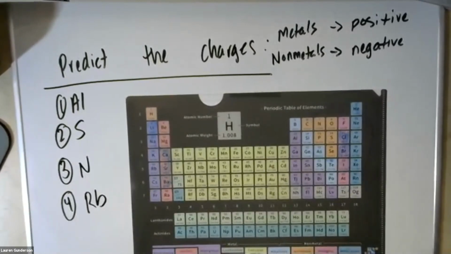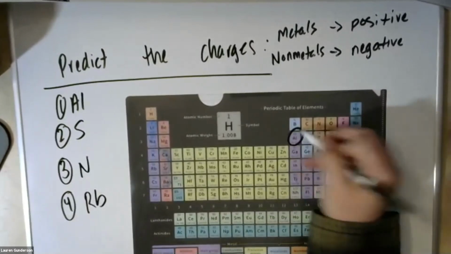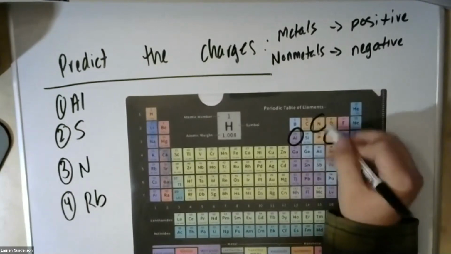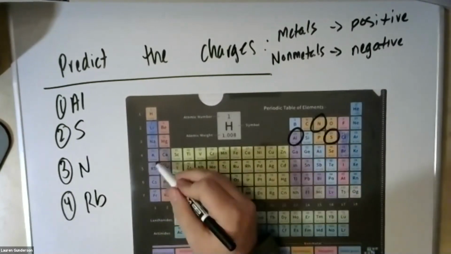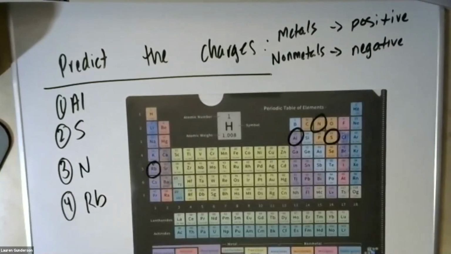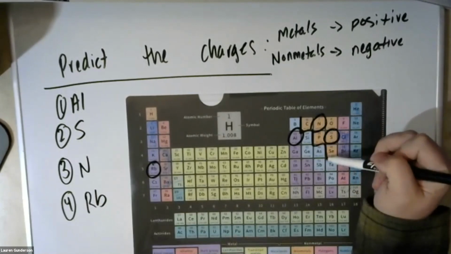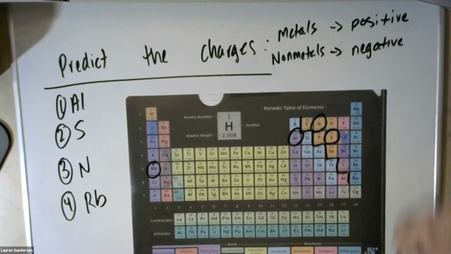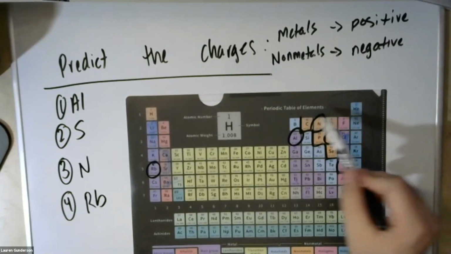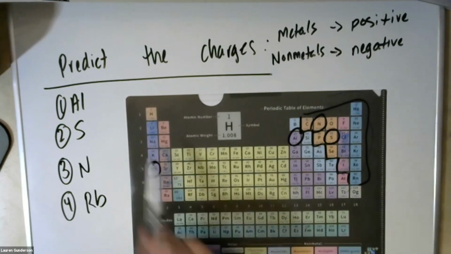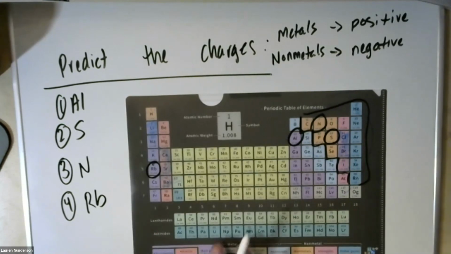But we're focused in on aluminum, sulfur, nitrogen, and rubidium here. Remember, we have that line that's going to separate our metals and our nonmetals. Everything up in this corner is a nonmetal. Everything else in this periodic table is going to be some version of a metal.